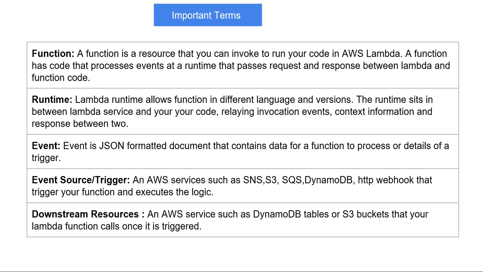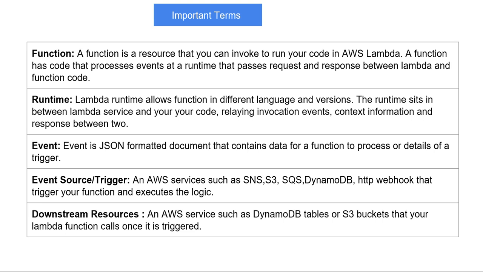Okay. Third one is event. An event is a JSON formatted document that contains data for a function to process, or details of a trigger. We discussed in the previous video that an AWS Lambda function can be invoked by a trigger.